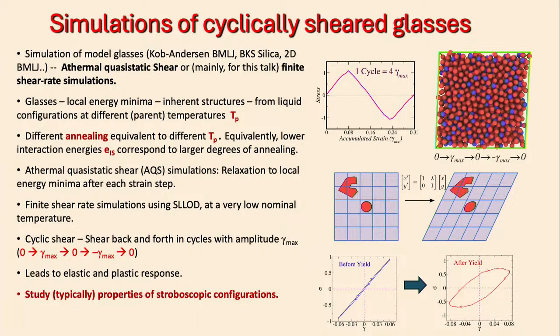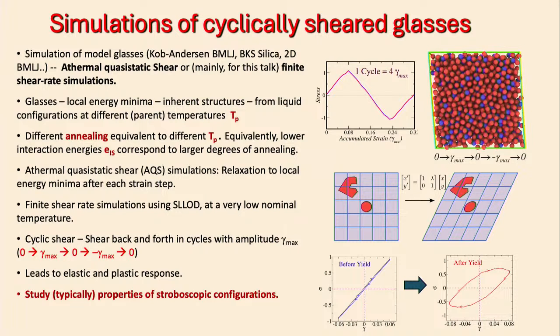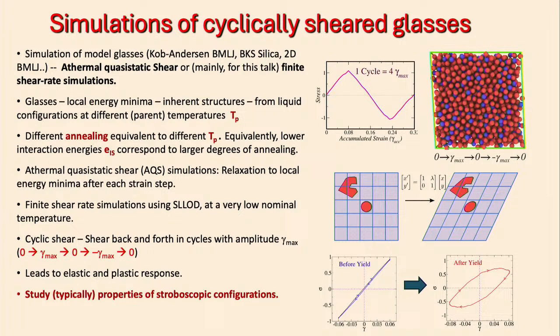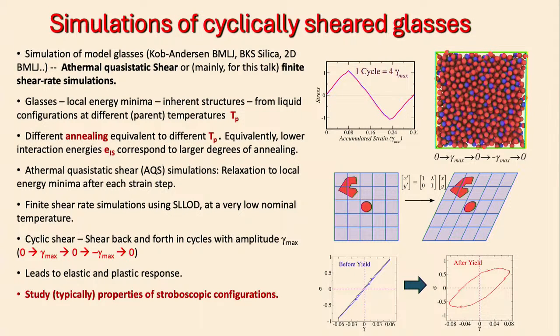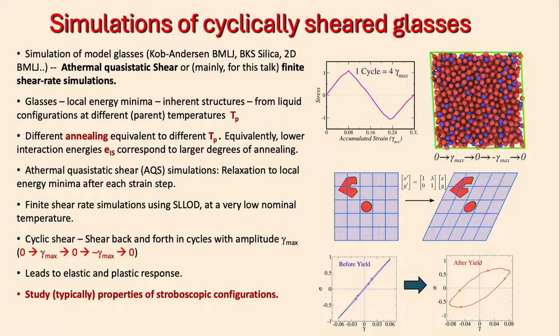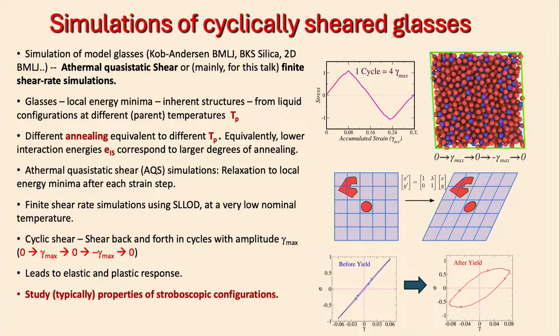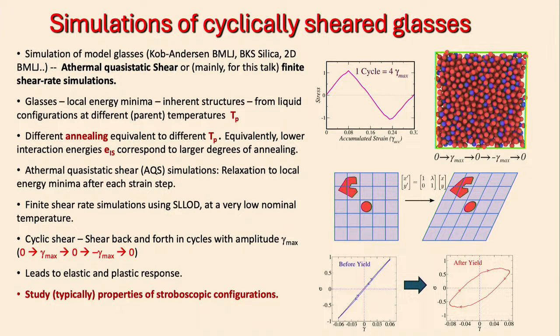So if I equilibrate the liquid at a lower temperature and then do a local energy minimization, I have what I call a better annealed glass. Whereas if I start from a high temperature liquid and do a local energy minimization to obtain my model glasses, I have what I call a poorly annealed glass, okay, just to set the terminology. And then such glasses are subjected to either what's called athermal quasi-static shear, with no temperature involved, or finite temperature, finite shear rate simulations.